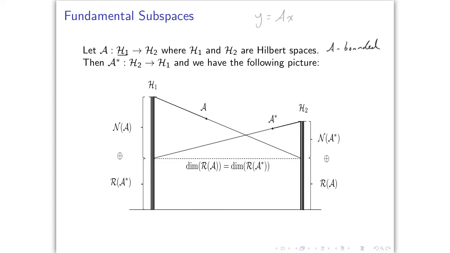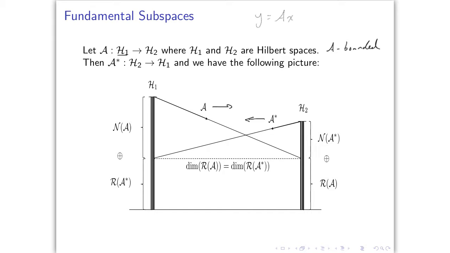Then remember, we already saw that A star is the adjoint operator, and it goes in the opposite direction. So A maps from H1 to H2, but A star maps from H2 back to H1.